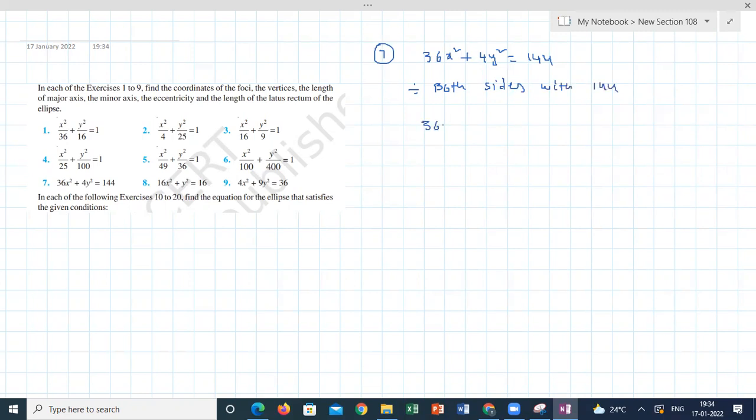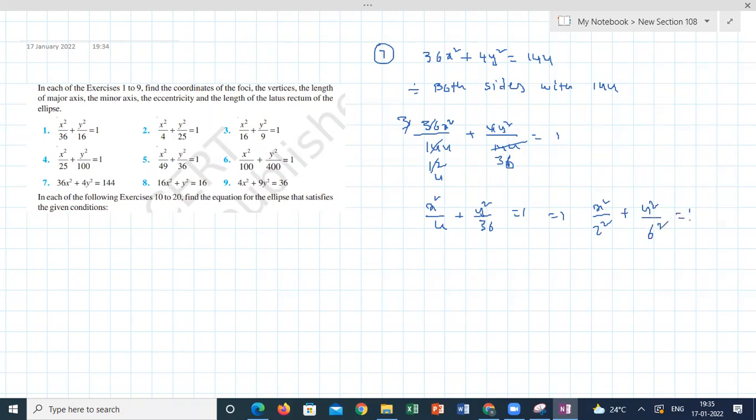So this is 36x square by 144 plus 4y square by 144 is equal to 1. 36 4 times, so 3 4 times... So x square by 4 plus y square by 36 is equal to 1. Which is x square by 2 square plus y square by 6 square is equal to 1. Is it clear? Am I right? It is like this.